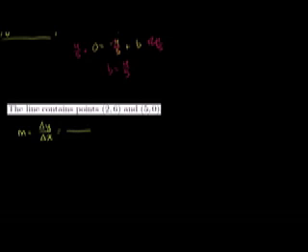So we do 6 minus 0. Let me do it this way. So that's a 6. I want to make it color-coded. Minus 0. So 6 minus 0. That's our change in y. And then our change in x is 2 minus 5.